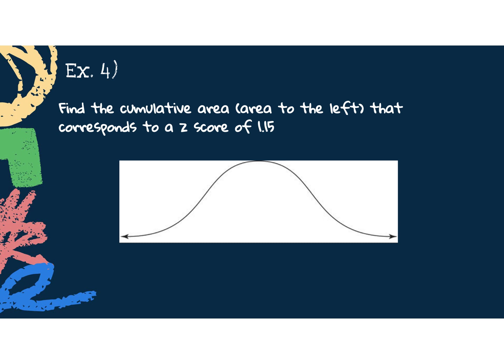Example 4 wants the area to the left of a z-score of 1.15. Let's draw that out here. We'd have our mean in the middle, and a positive z-score is going to be to the right. A z-score of 1.15 would be about here.